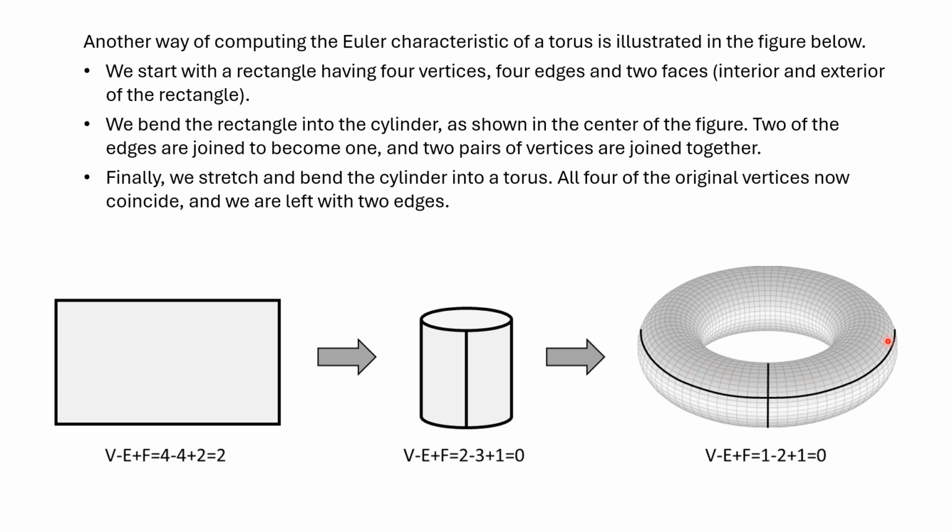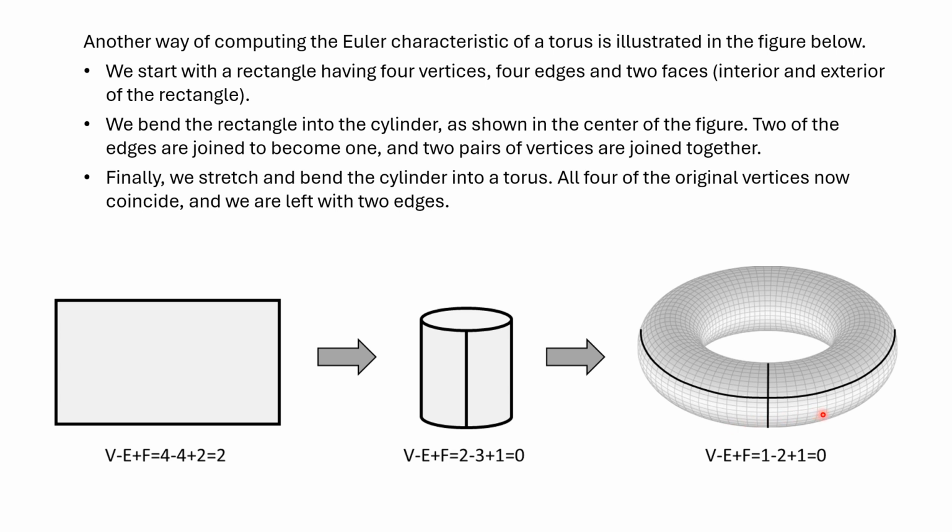If we look at this here and do the Euler characteristic, the number of vertices is 1, because now this vertex and this vertex are joined. There are 2 edges, this one here, and then this one going around the long way, and then there's just 1 face. No matter where you pick a point here, you can get to any other point without crossing any of the edges. So we get 0.